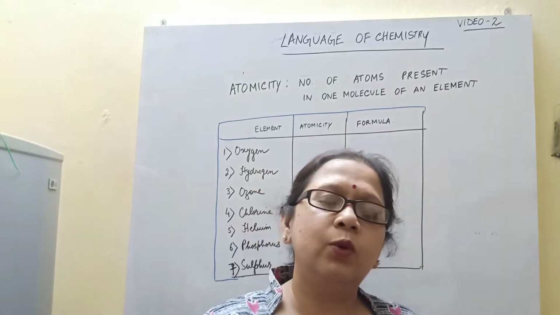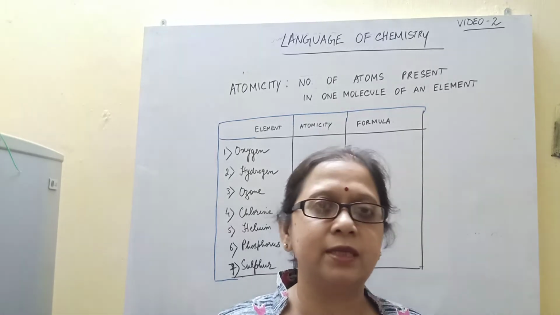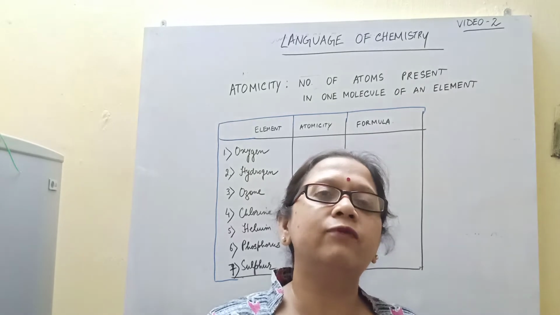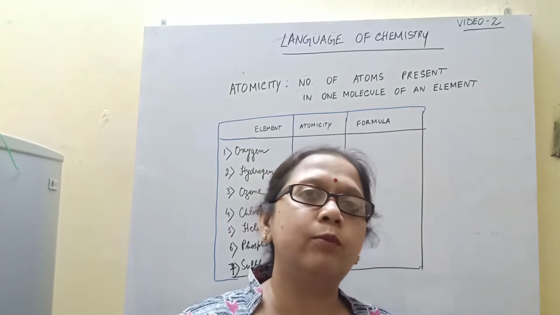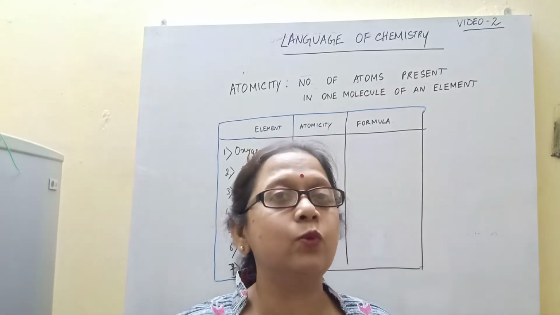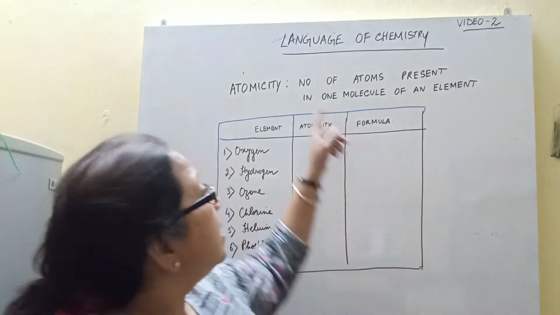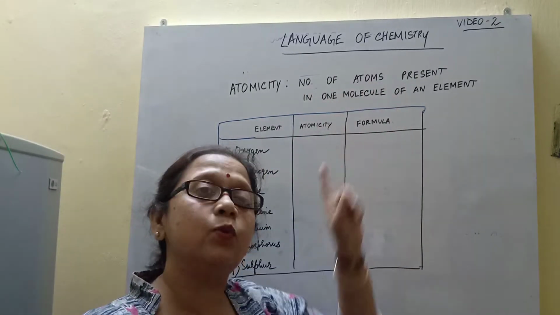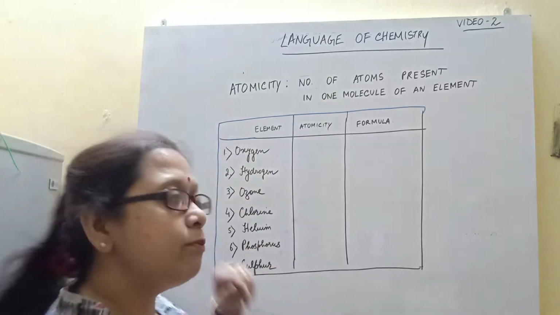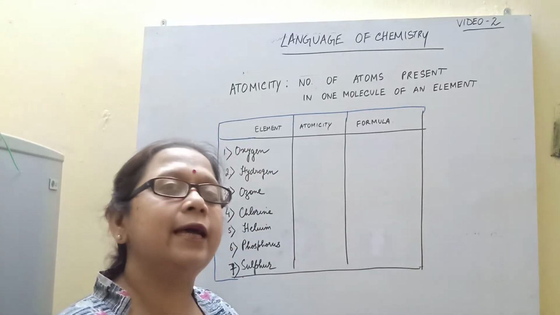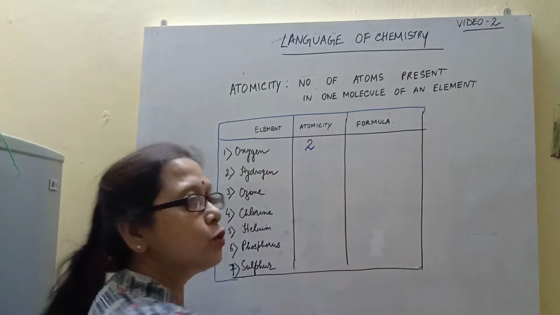So now we are going to see how to write the molecular formula of an element. To know that, we have to know what is atomicity. Atomicity is the number of atoms present in one molecule of an element. For example, oxygen, its atomicity is 2.